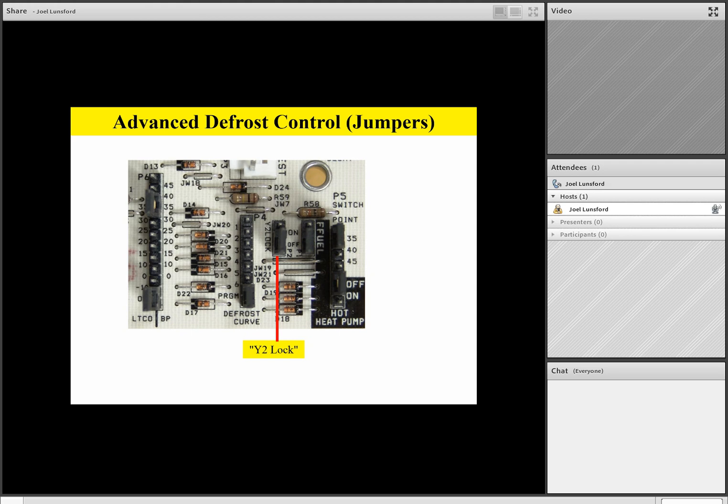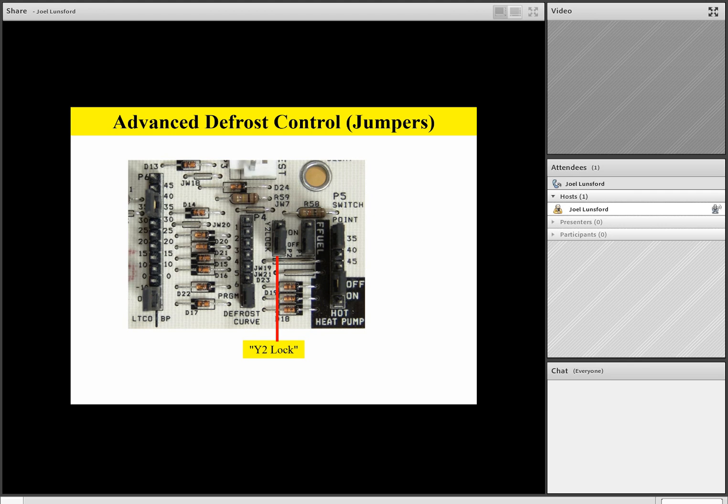So from the factory, it's in the off position, but if that jumper is put into the on position and the outdoor unit receives a Y2 or second stage compressor call, it locks it in to complete the call until the thermostat is satisfied. If it's in the off position, it will allow the outdoor unit to cycle Y1 first stage, Y2 second stage, back to Y1 first stage, back and forth based on thermostat activity.